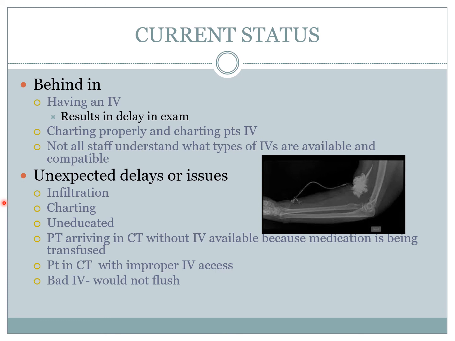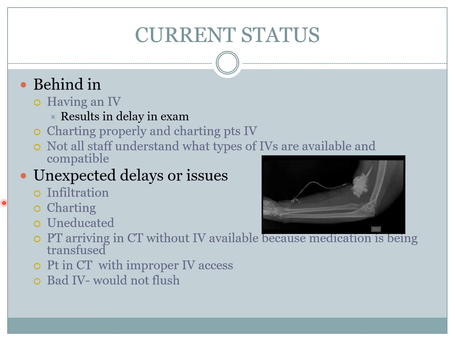Currently, this is what's going on in the hospital. We're having delays in obtaining an intravenous access to get the study completed and to get the patient the care that they need, because the hospital relies so much on imaging to see what's going on internally, and it's a way to diagnose and see what's going on.